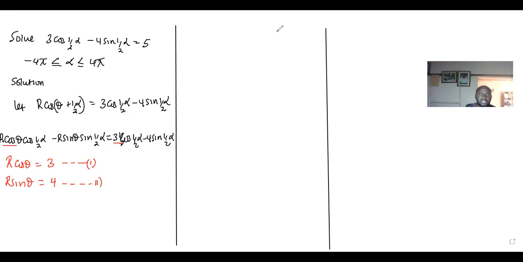So it is from here that one can say that tan of theta, by dividing equation 2 by equation 1, is equal to 4 out of 3. And I told you, you can always use the Pythagoras theorem to find out the value of R by saying this is 4, this is 3, this is 5. Always what is here is the R. Therefore, R is equal to 5 and theta is equal to what angle?